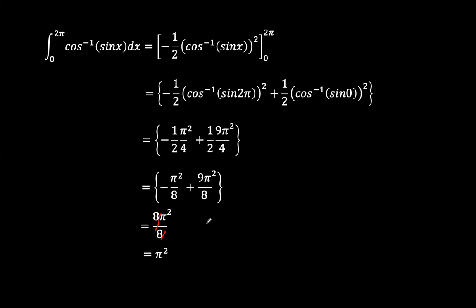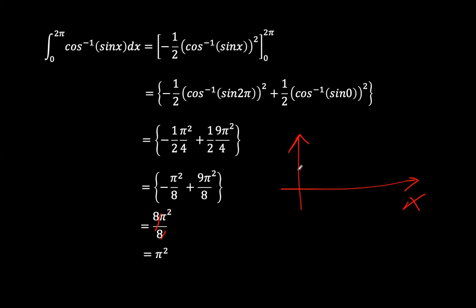Okay. Another way is to just use a plot. Since this equation is really linear, in a sense that from x equals 0, sine of 0 is 0, and so arc cosine of 0 is pi over 2.